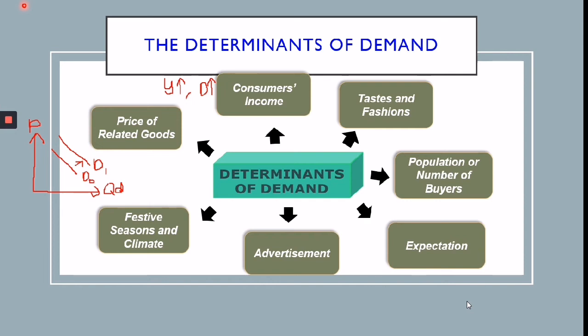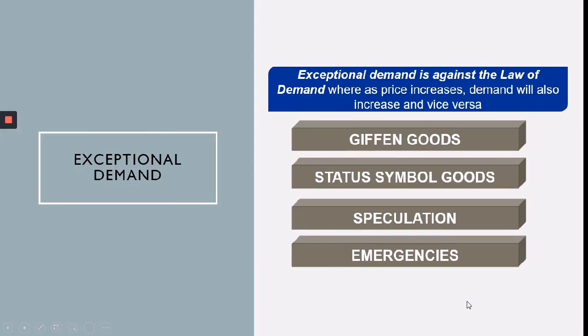During festive season, different products will be in high demand. For example, during the Hari Raya festival, the demand for lemang, chicken, and coconut milk will increase. Whereas during Chinese New Year, the demand for mandarin oranges will be greater.